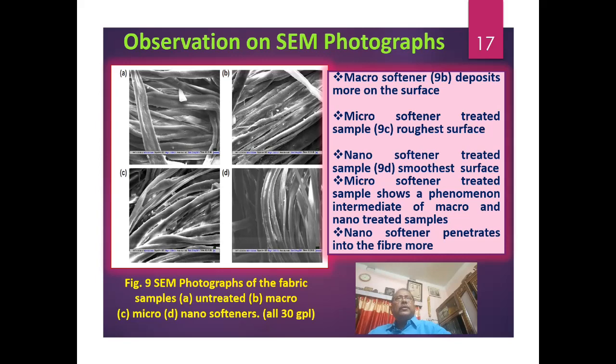Finally, we took surface photographs of the treated and untreated samples in a scanning electron microscope. Figure 9 shows the SEM photographs of untreated and 30 grams per liter macro, micro and nano softener in figures A, B, C and D. From the figures we can observe that macro softener deposits more on the surface, micro softener treated sample shows a rougher surface, and nano softener treated samples show the smoothest surface.